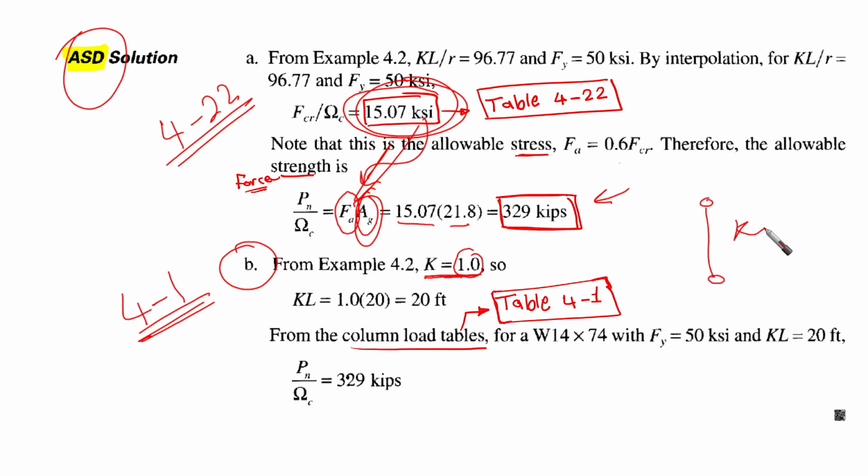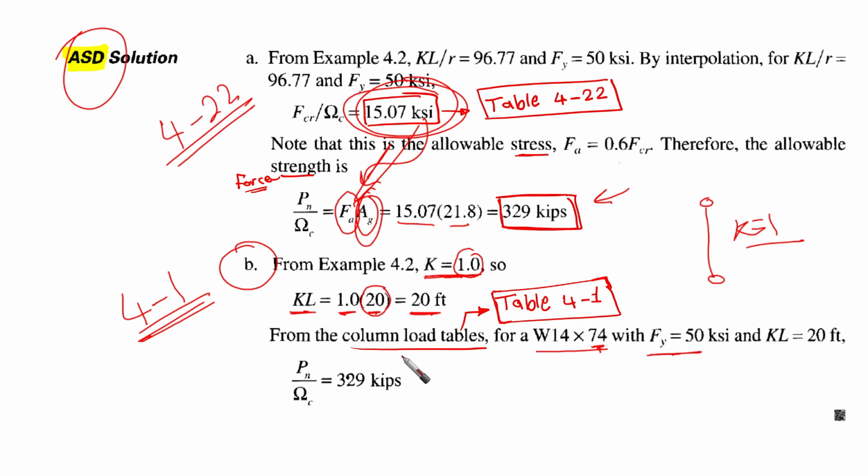So K equals 1 and KL equals 1 times 20, which is the length of the column, meaning 20 foot. Then from the column load tables, table 4-1, for the wide flange W14, the weight is 74. This is per unit length, with F yield 50.